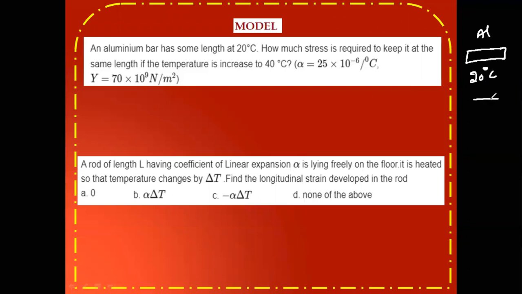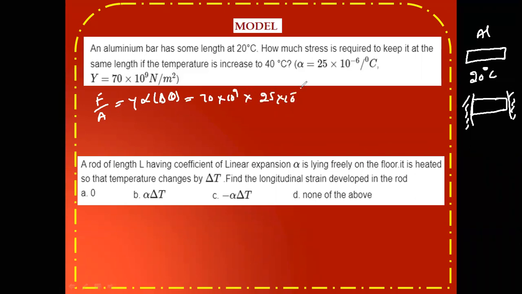That means the bar has to be fixed between two rigid supports, so the thermal stress concept has to be applied here. The formula for thermal stress is F by A = Y alpha delta theta. Y is Young's modulus, which they gave. The alpha value, 25 into 10 power minus 6, is also given, multiplied with the final temperature minus the initial temperature, that is 20.